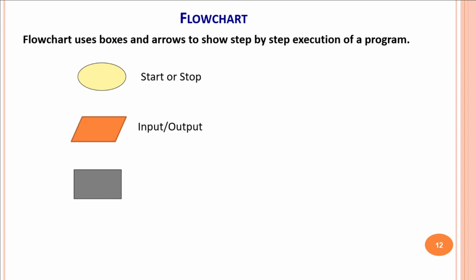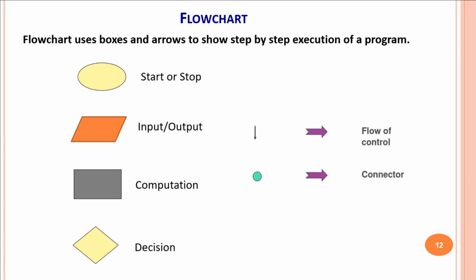Then expressions, arithmetic expressions, statements, calculations are indicated by a rectangle. Diamond indicates the decision. And these arrows and connectors: the arrow indicates the flow of control, and this is the connector which can connect multiple parts of the same flowchart.